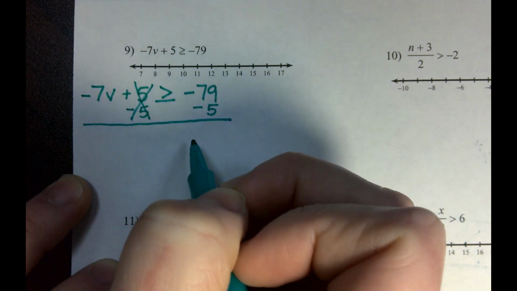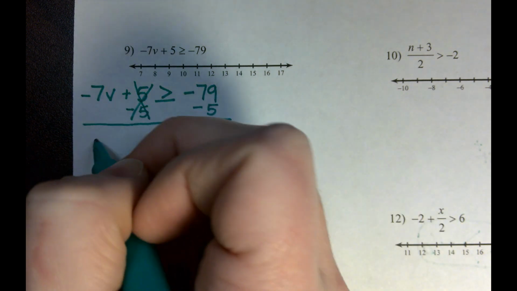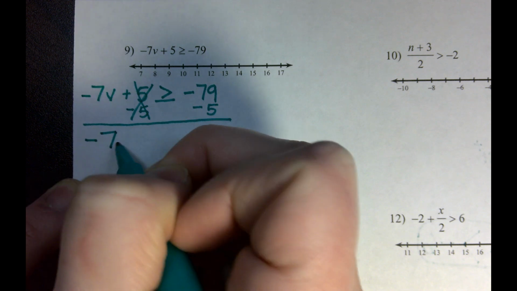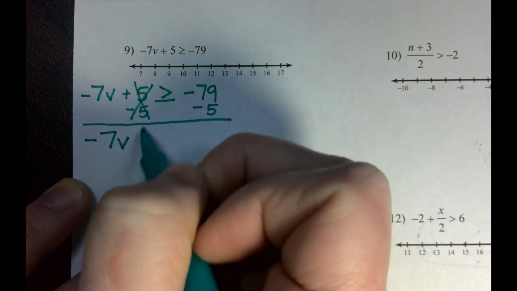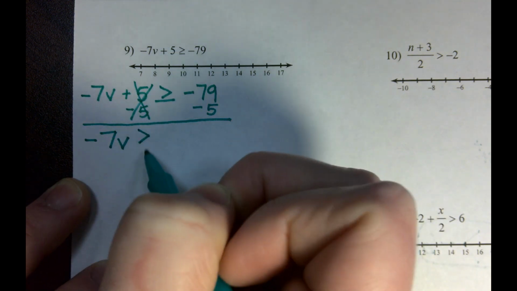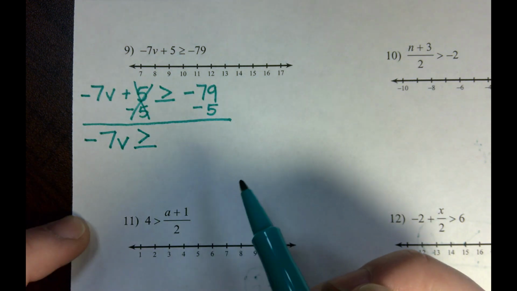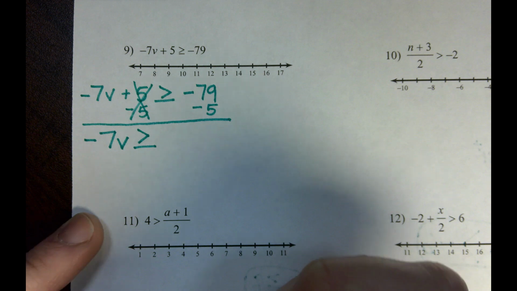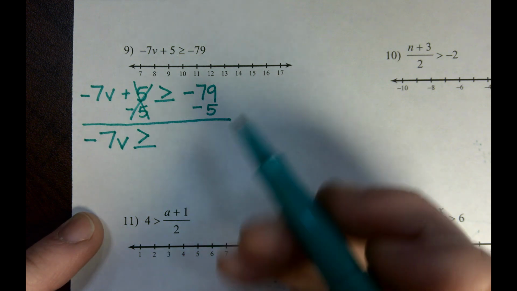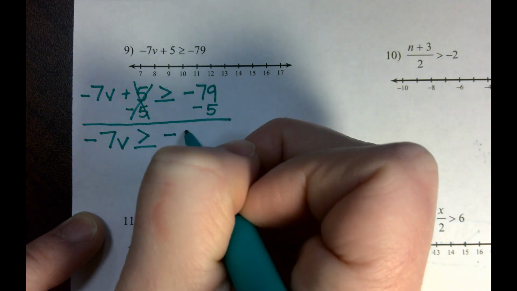Bring down the -7v is greater than or equal to -79 minus 5. What is that? -84.